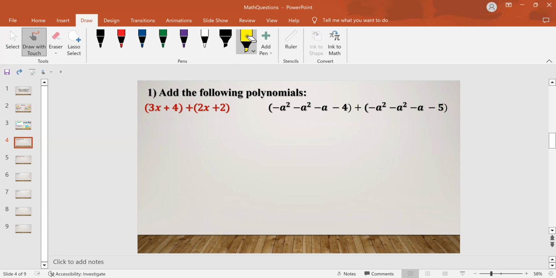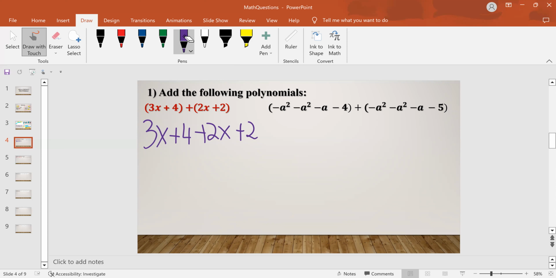If we take the first polynomial, the first thing to do is remove the parentheses. Because it's a positive sign between the two polynomials, removing the parentheses will not change anything. So we have 3x plus 4 plus 2x plus 2.